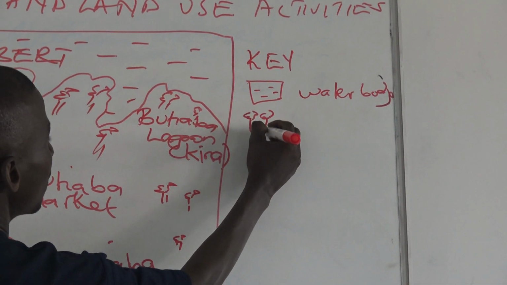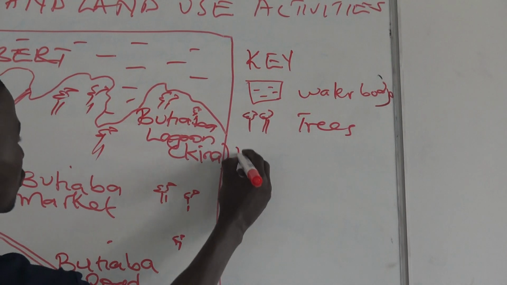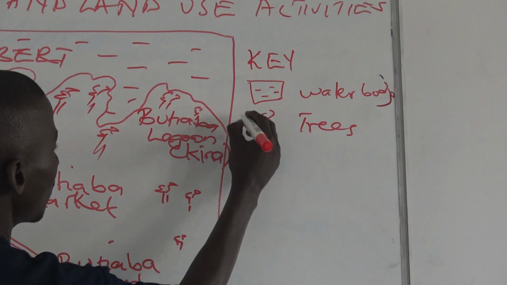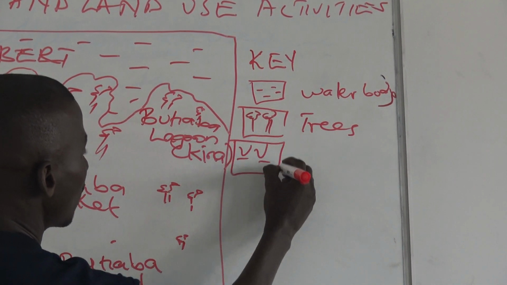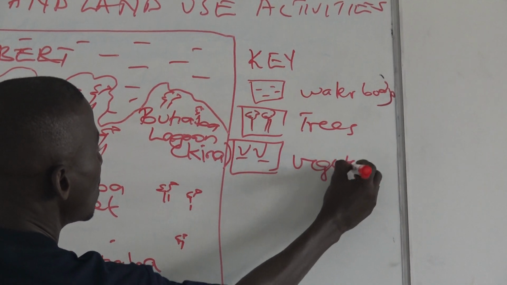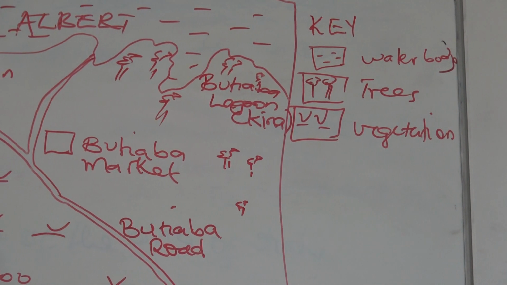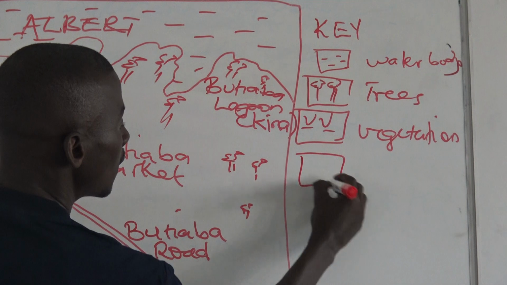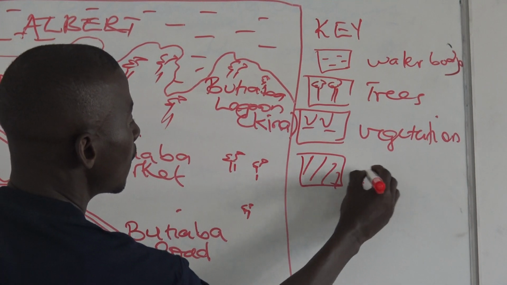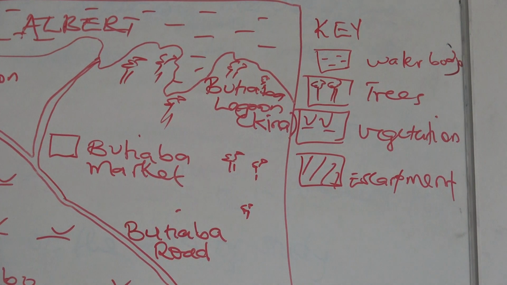These are trees. We have dry savanna vegetation. The extent of the escarpment, what else have I not included?